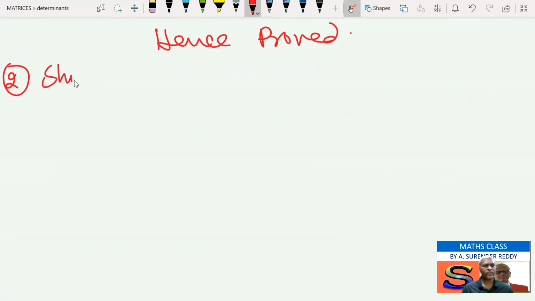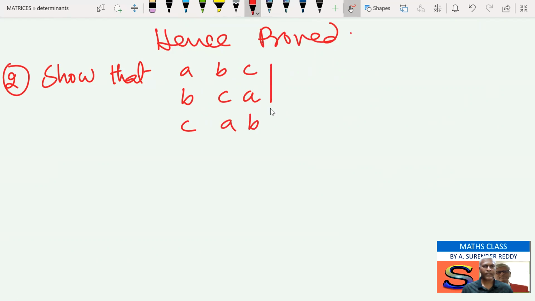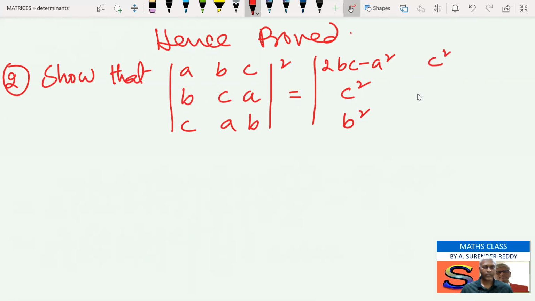Show that these are all long questions. Show that the determinant ABC, BCA, CAB whole square is equal to 2BC minus A square, C square, B square; C square, 2AC minus B square, A square; B square, A square, 2AB minus C square.